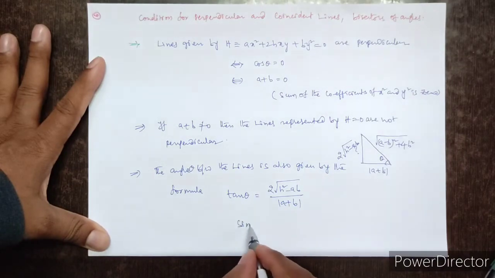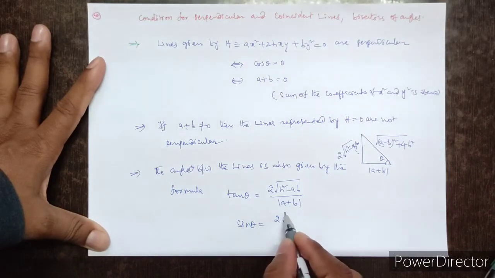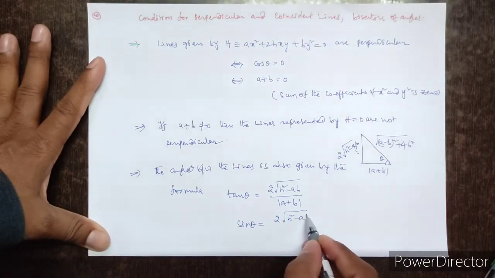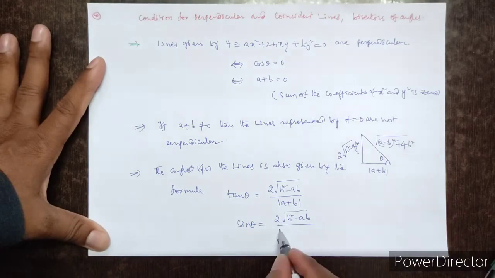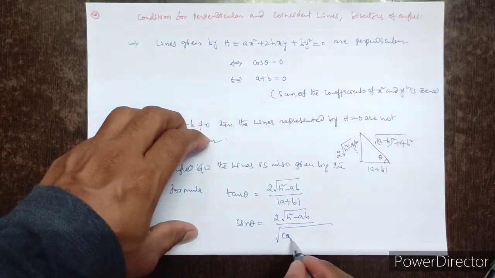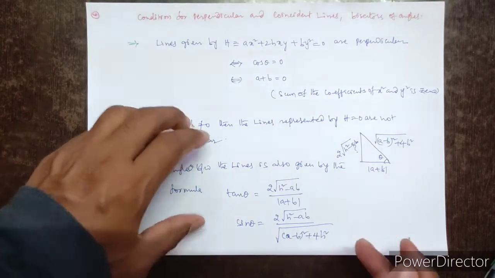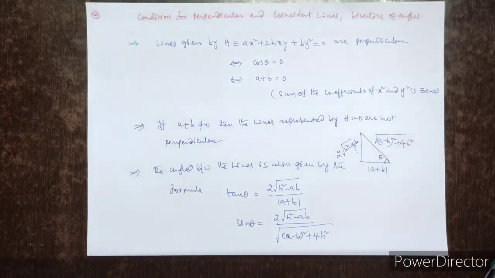And we can also find sin theta equal to 2 root of h square minus ab by root of (a minus b) whole square plus 4h square. Sometimes they can ask for tan theta and sin theta of the angle between the lines, and you can just use these formulas.